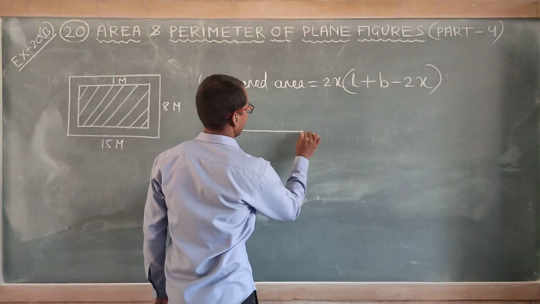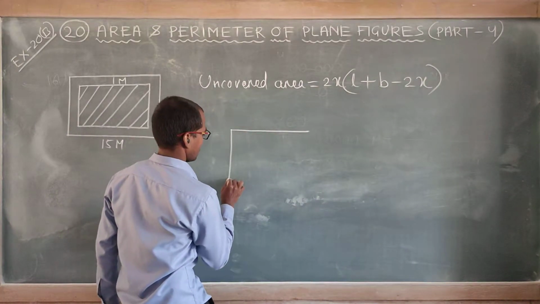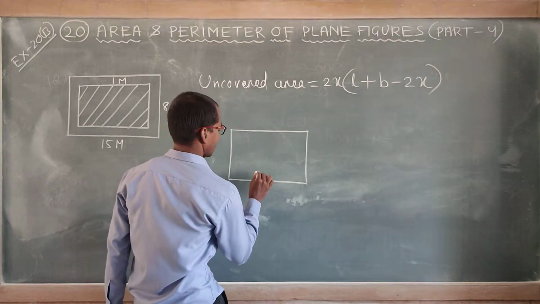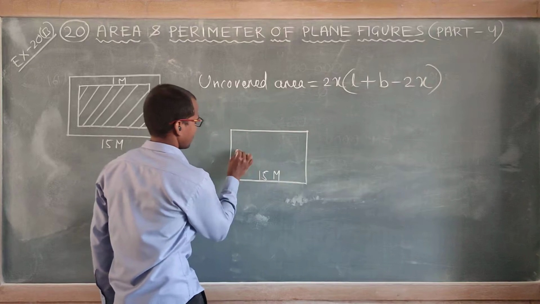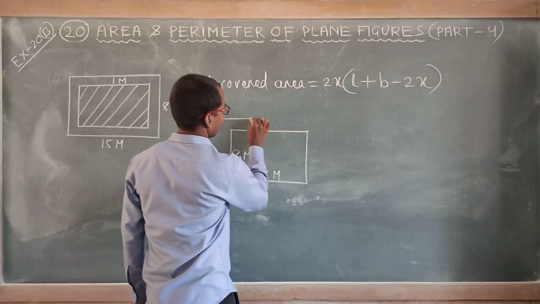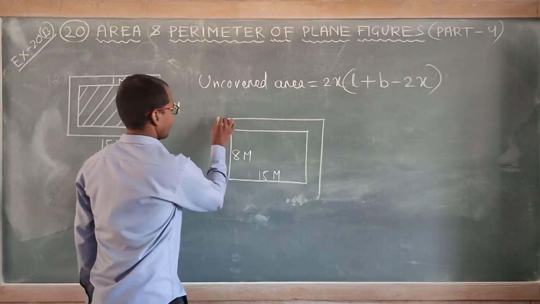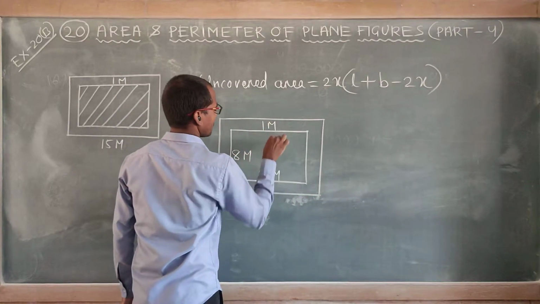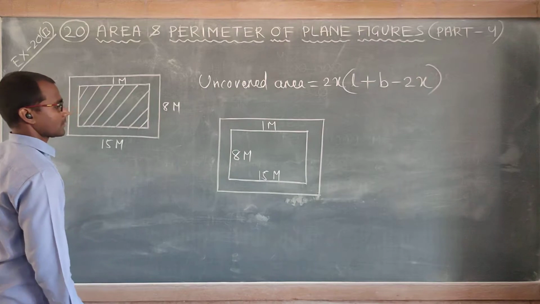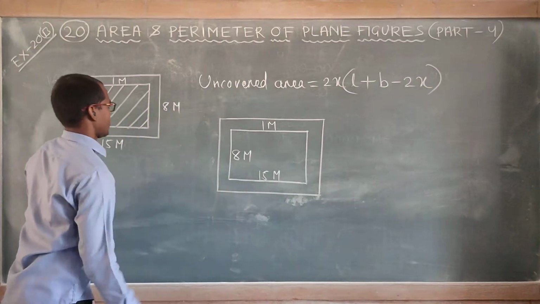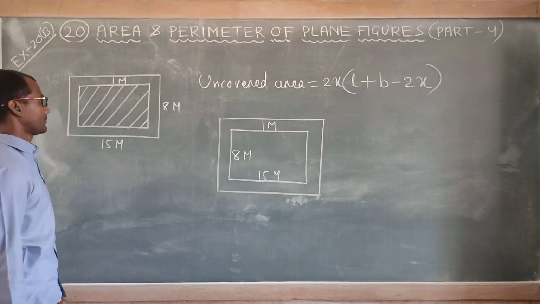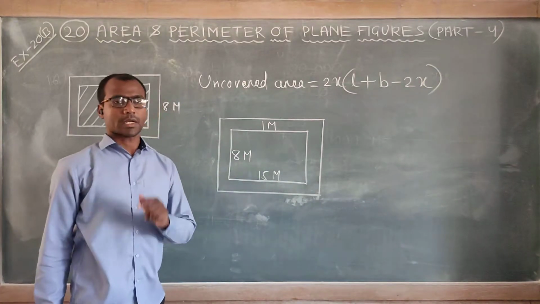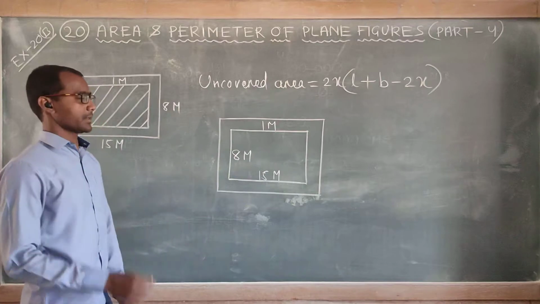You have to understand the difference. See this one and see this one. They look completely the same. Here also there are two rectangles, here also there are two rectangles, but there is a little difference.